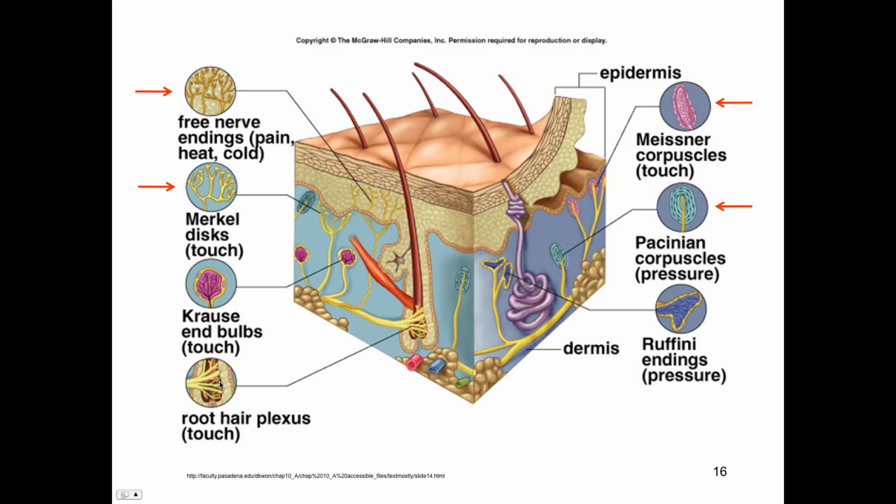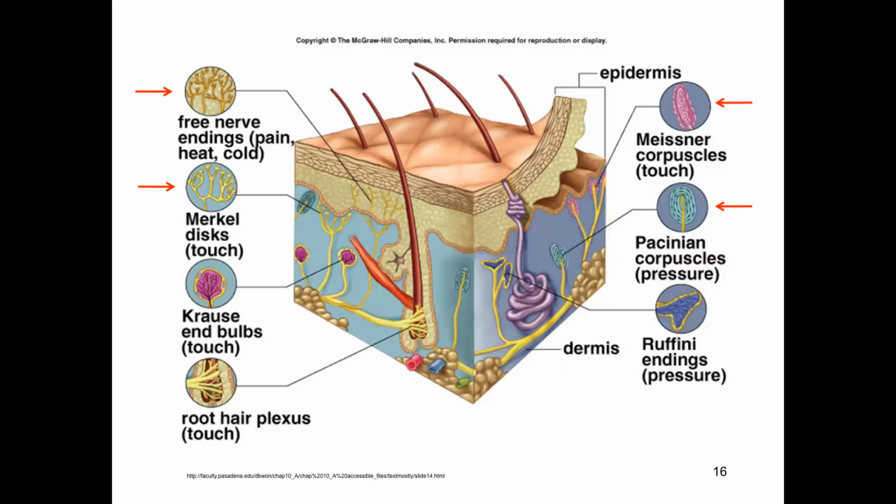And then you're also going to have a neuron associated with your hair. There's a plexus of neurons here. And that's how you know when someone pulls out your hair, because your nerve feels that. And if you just brush your hand over the hairs in your skin, you're not touching your skin, you're touching your hairs, but you can feel that, right?